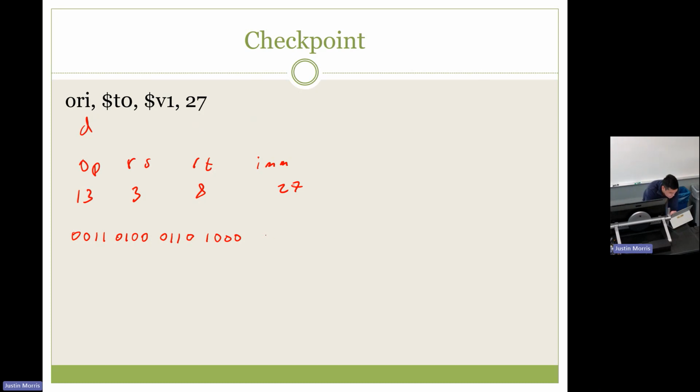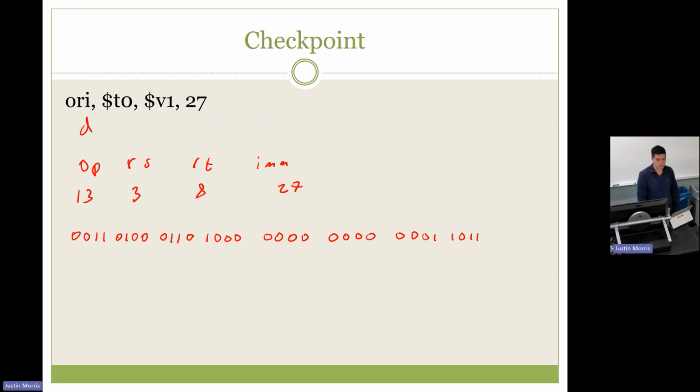So I need 16 bits. So 1, 2, 3, 4, 1, 2, 3, 4, 1, 2, and then 16, and I need 11, so 1 and 1. Right?